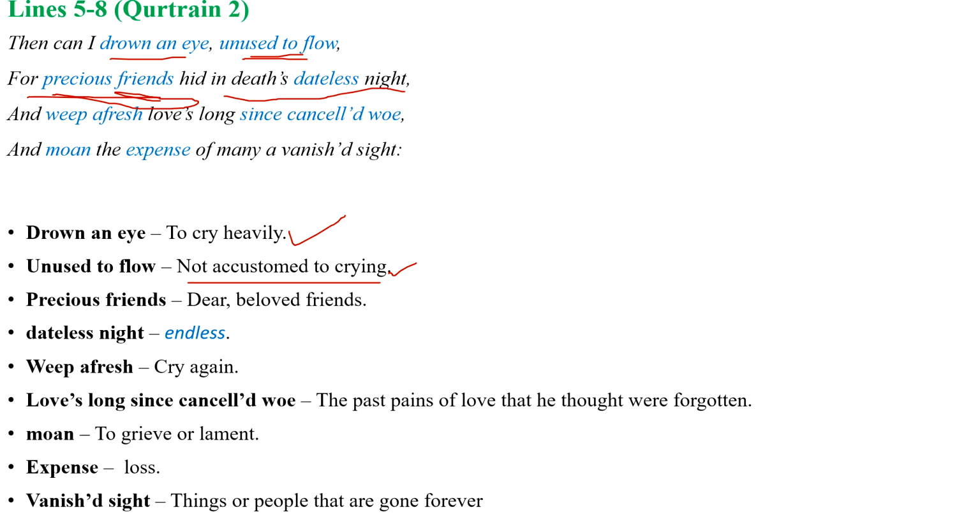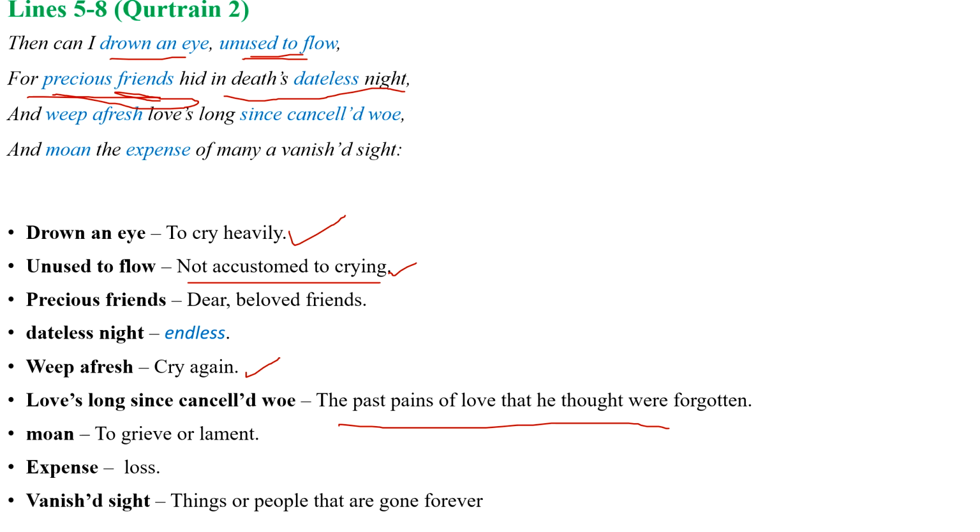Next. And weep afresh love's long since cancelled woe, and mourn the expense of many a vanished sight. Here, weep afresh means cry again. So love's long since cancelled woe: the past pains of love that he thought were forgotten.